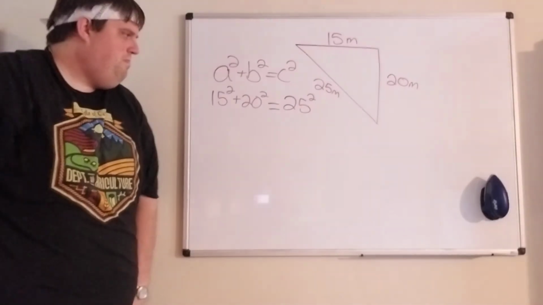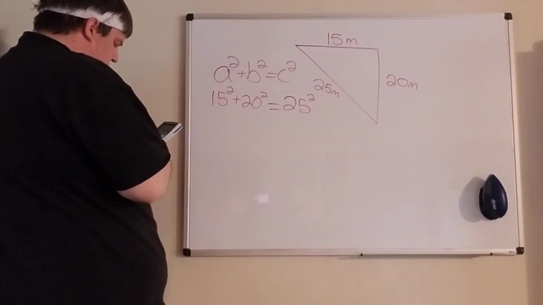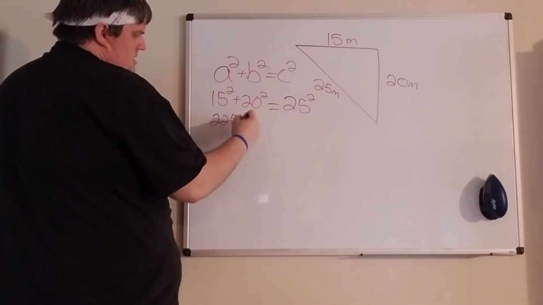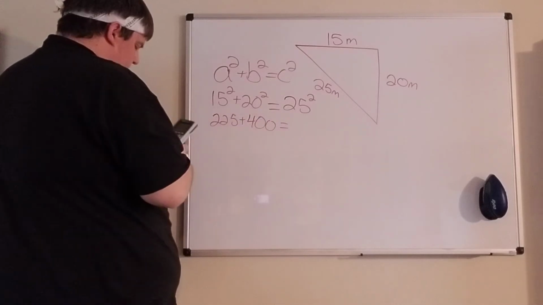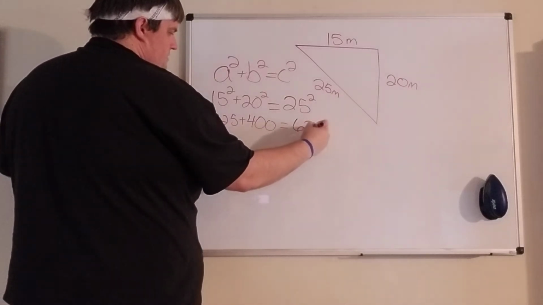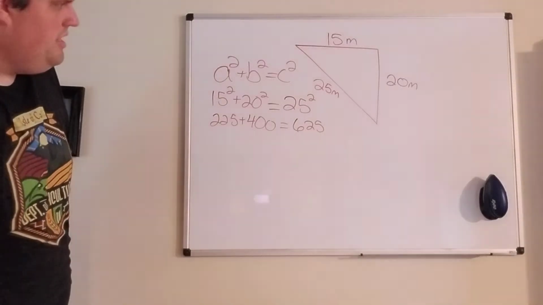Okay? From there, let's see, 15 times 15 is 225. 20 times 20 is 400. 25 times 25 is 625. Right?